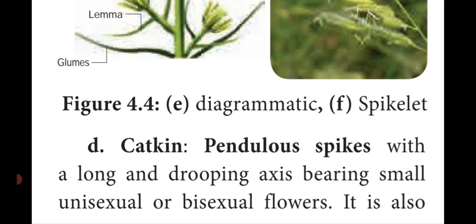Unisexual means male flowers and female flowers are separate, located in the same plant. Bisexual means both the male and female sex organs are located in the same flower. So in the catkin inflorescence, unisexual or bisexual flowers are present on the inflorescence axis.